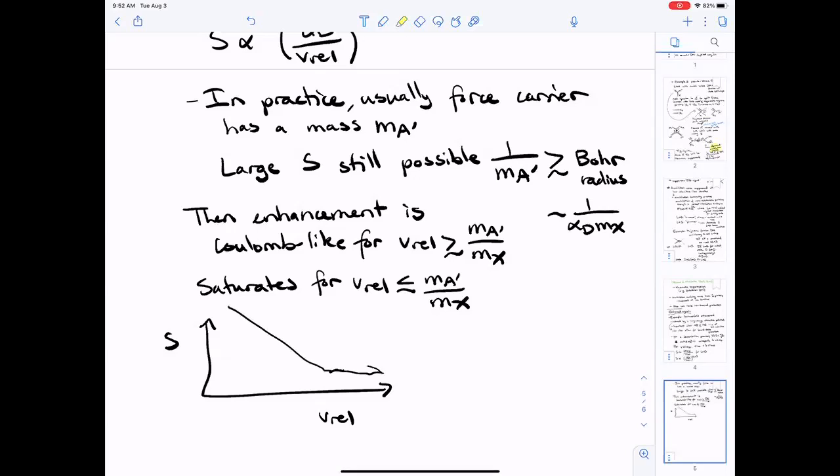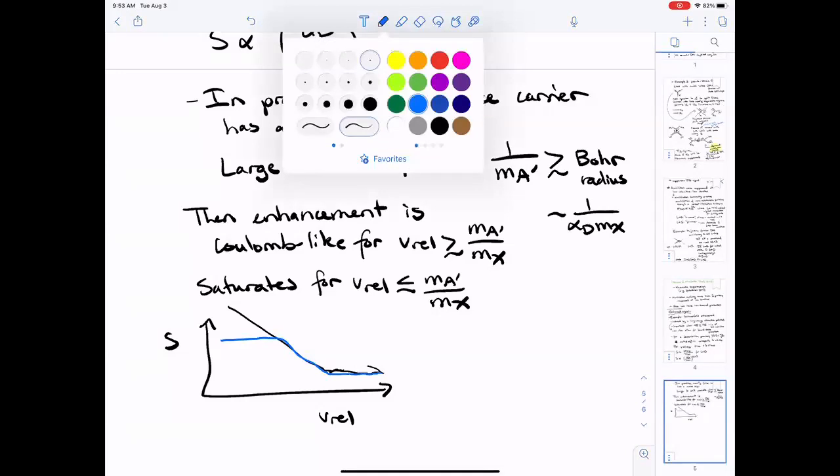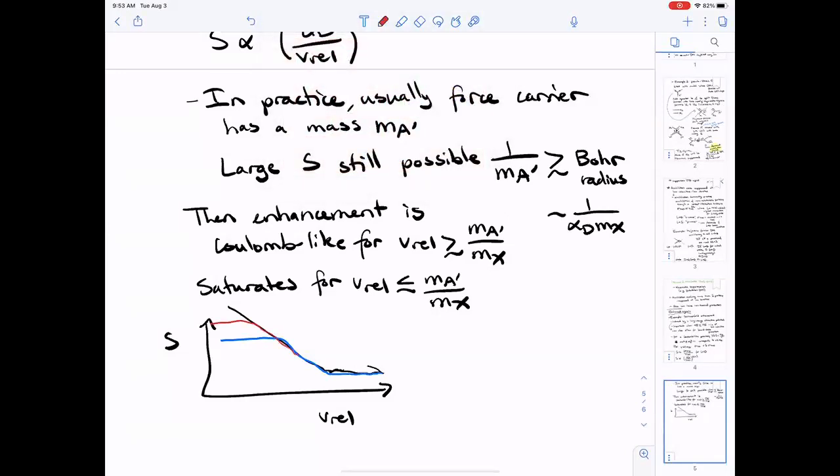Broadly speaking, in the case with the force carrier, it starts the same way at high velocities, but then it flattens out and saturates at some point that depends on M_A' over M_χ. So if M_A' is really small, you stay on this line for longer, and so you saturate at a higher value.